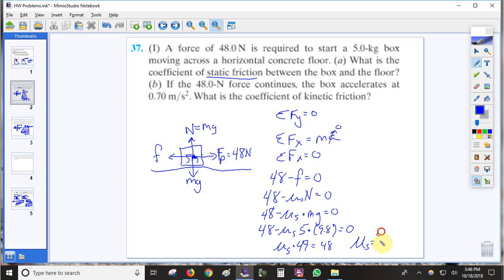Mu sub s equals 48 divided by 49, which, let me grab a calculator here, equals 0.98.